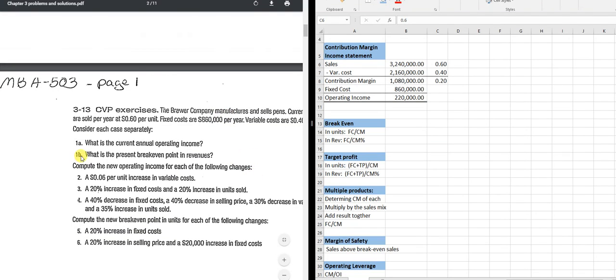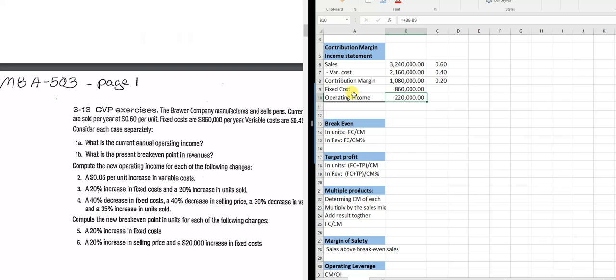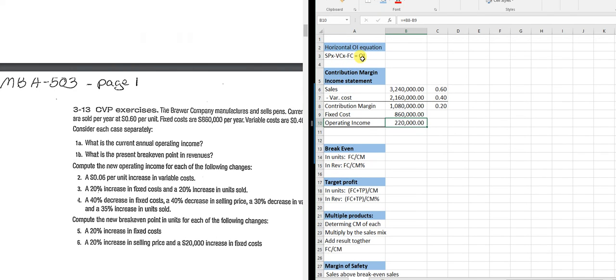The second question says, what is the present break-even point in revenues? Well, I want to make sure that operating income is 0. So I can either put it in this equation and solve for 0. My selling price is 60 cents, my variable cost is 40 cents times the number of units, my fixed costs are 860,000, and I can solve for X when my operating income is 0.